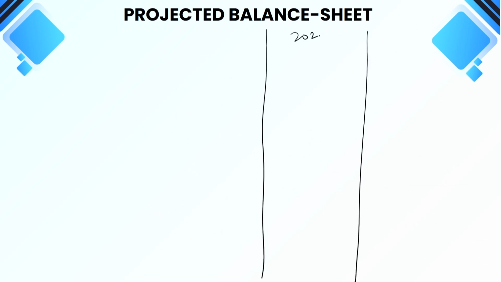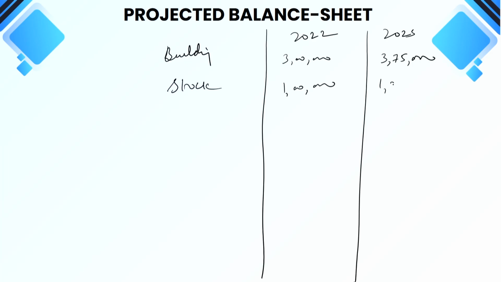Moving to the next item, that is our building, which was given 3 lakh rupees. Adding 25% into it, it would become 3,75,000. Then we have the stock of rupees 1 lakh, adding 25% will be 1,25,000. Then we have a figure of debtors, which was given 90,000. Now it will become 1,12,500.